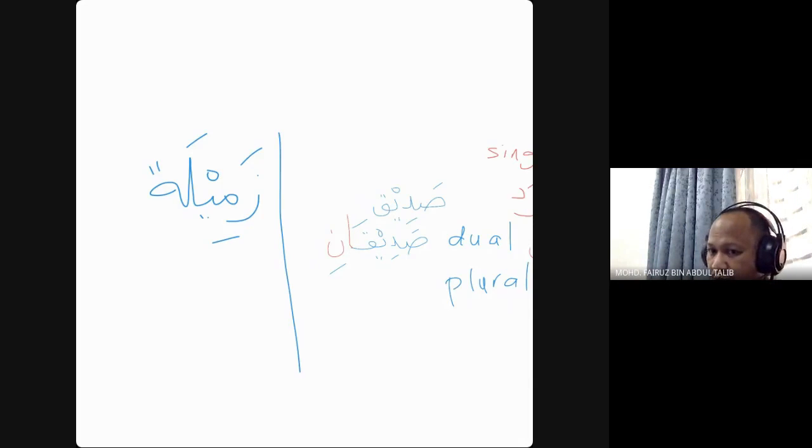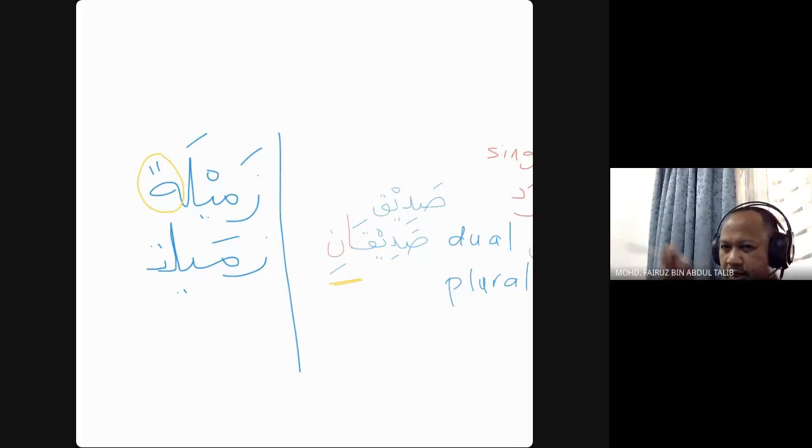So what will happen to this word? To say two friends or two colleagues, you take the same word again. You see the same word, Zamil. But this ta, since you want to join it to this alif and nun, what do you need to do? This ta will change to a normal ta.